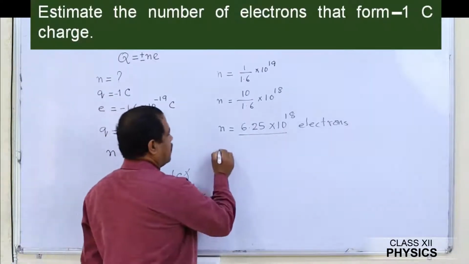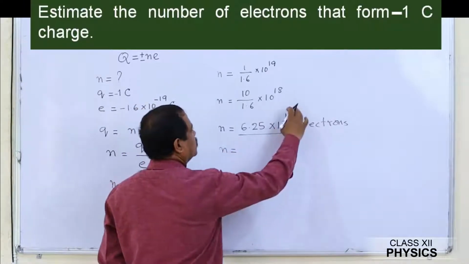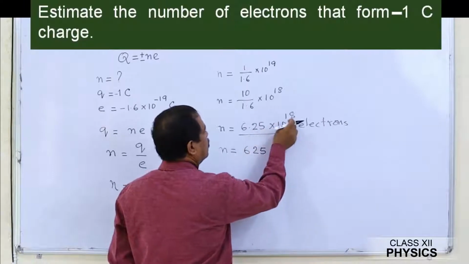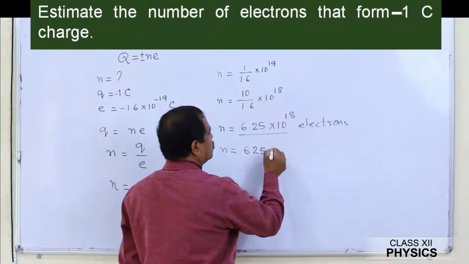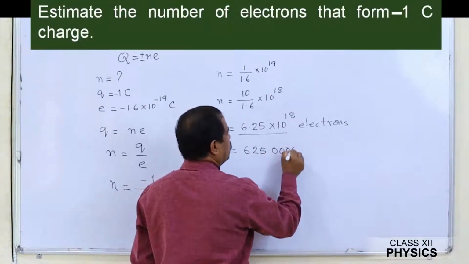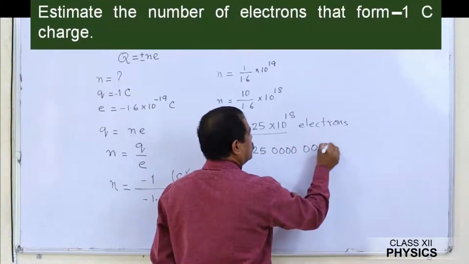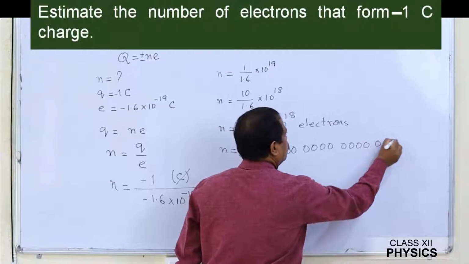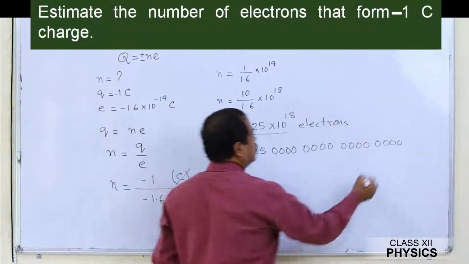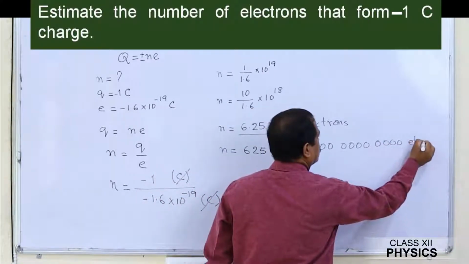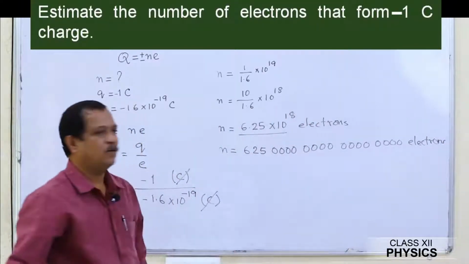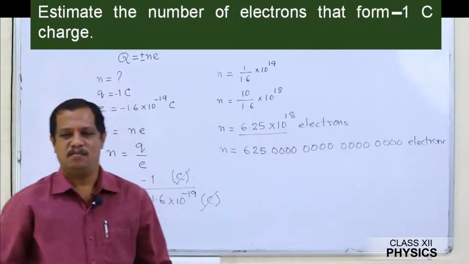If I write the number without using these powers, I'll write 625, 2 gone, 10 power 16 I have, so 16 zeros I need to have. 1, 2, 3, and 4 times 4, 16 zeros. So these many electrons will make 1 Coulomb charge on a body.